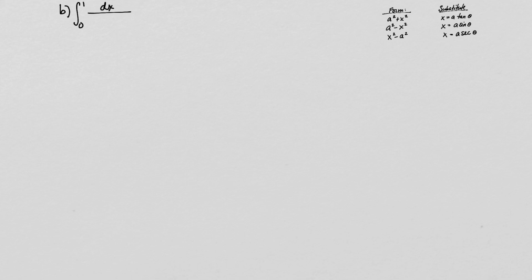Okay, so remember, this is what we're dealing with, our substitutions there. This is B. The integral from 0 to 1 of dx over 4 minus x squared all to the 3/2 power.